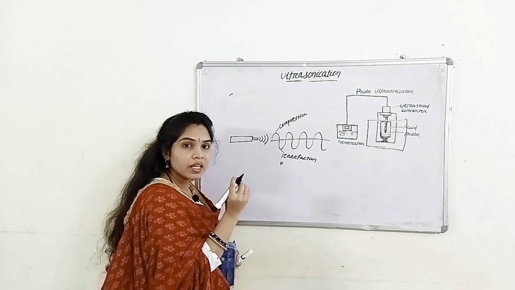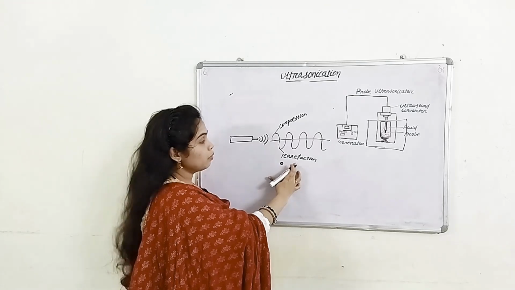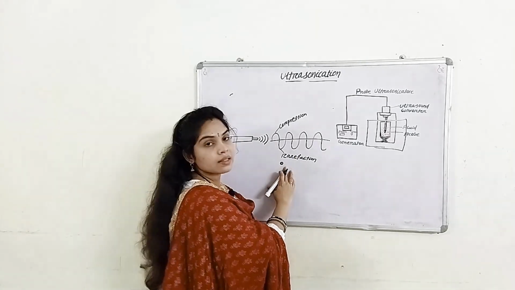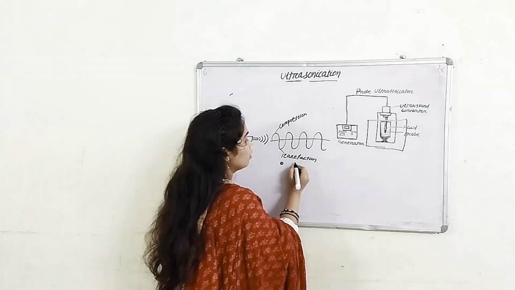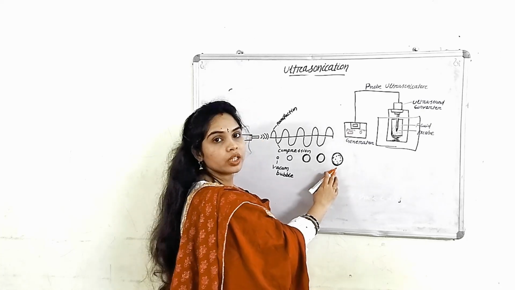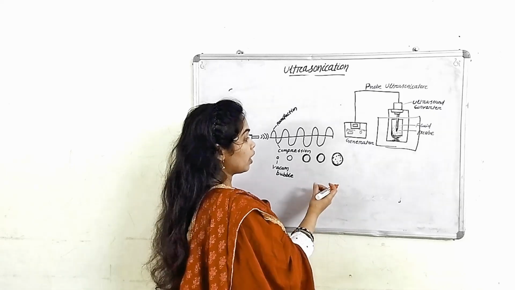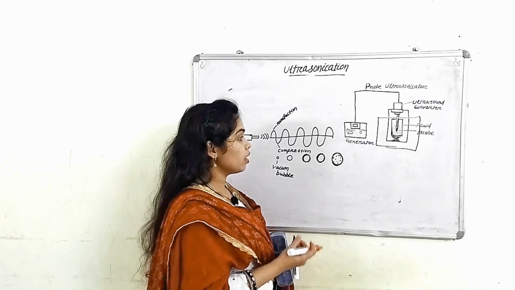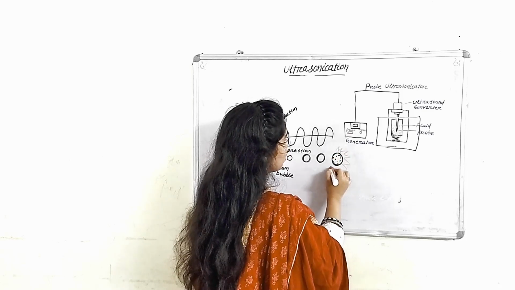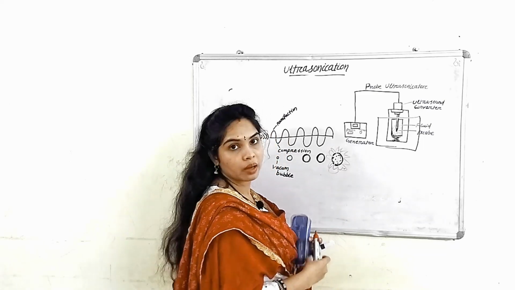small or tiny vacuum bubbles in the low pressure cycle, meaning in the rarefaction stage, and gradually this vacuum bubble will increase, meaning after reaching a particular point, it will be unable to absorb any extra energy, and finally it will collapse.